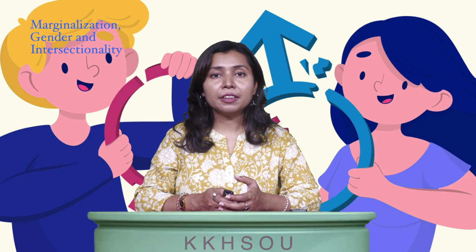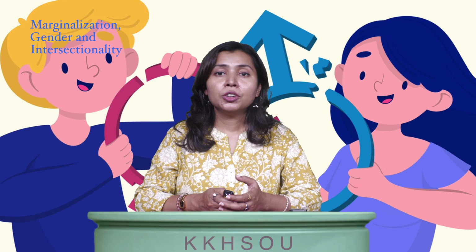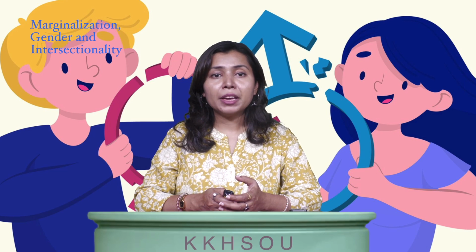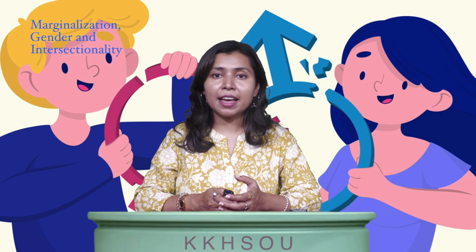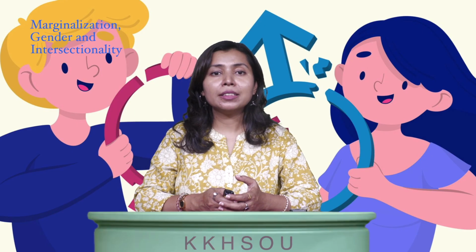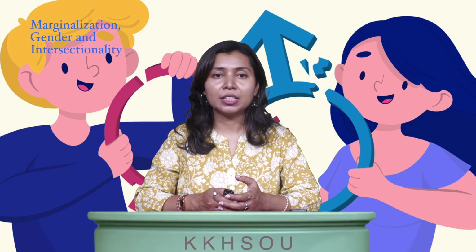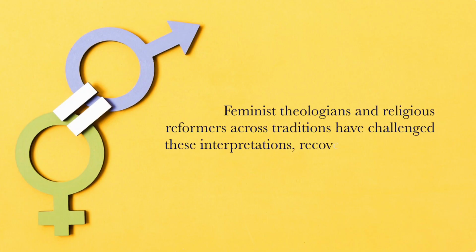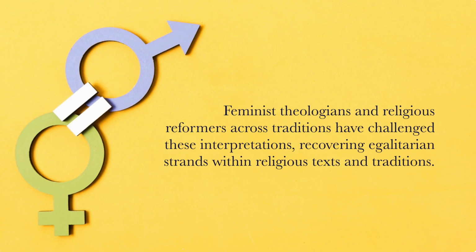Religious traditions significantly shape gender relations, though their interpretations may vary widely. Patriarchal interpretations of religious texts have historically justified gender inequality. They restrict women's religious authority, educational opportunities, and public participation. However, feminist theologians and religious reformers across traditions have challenged these interpretations, recovering egalitarian stances within religious texts and traditions.